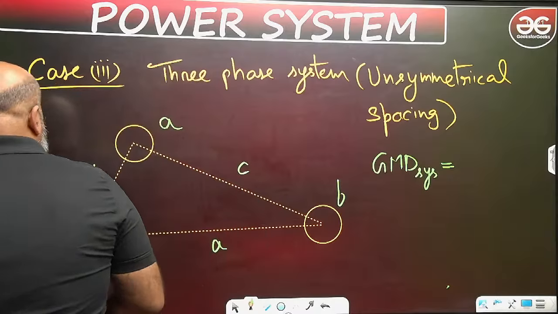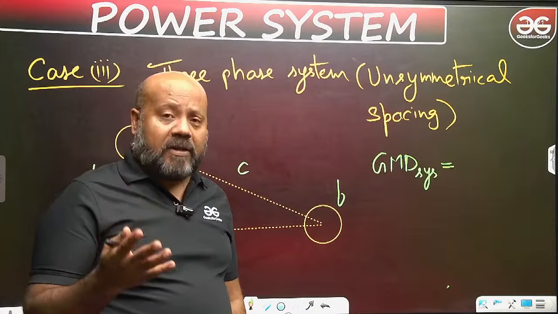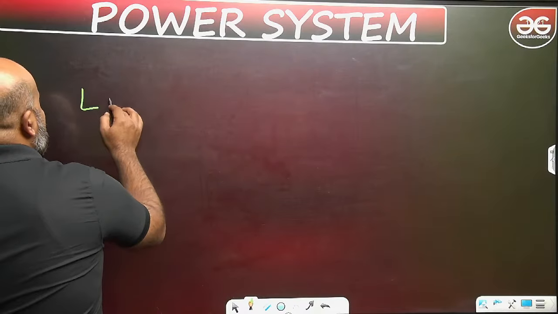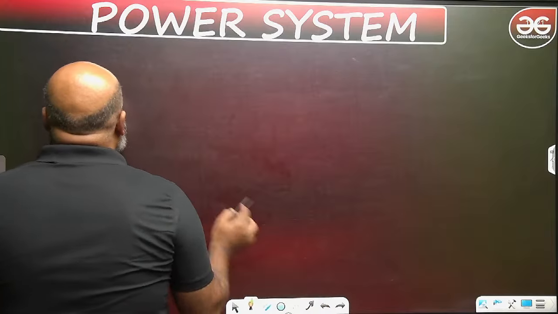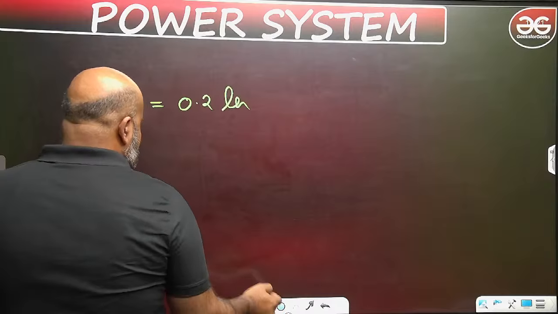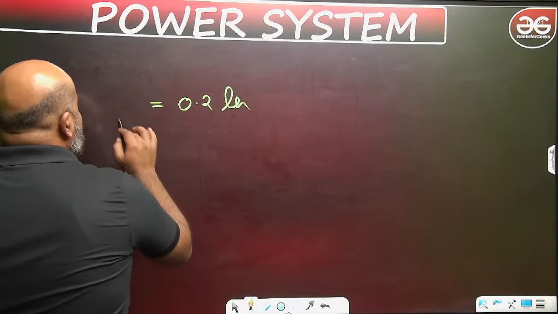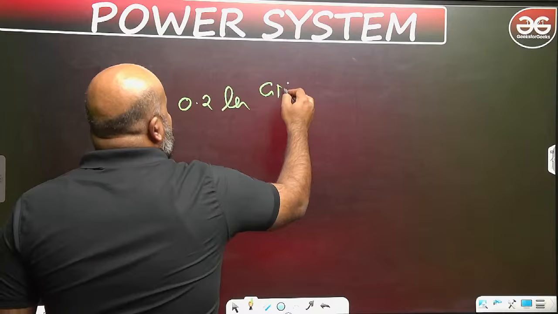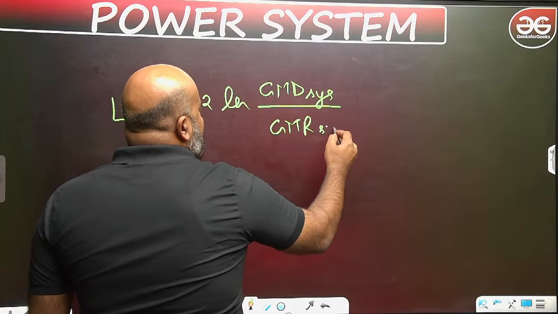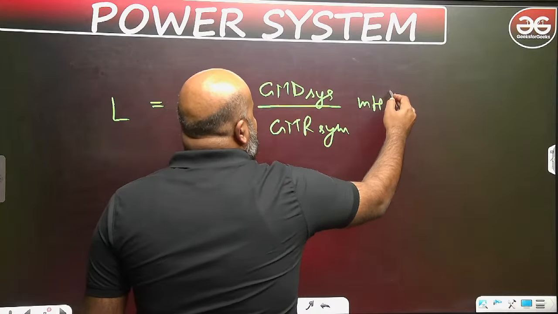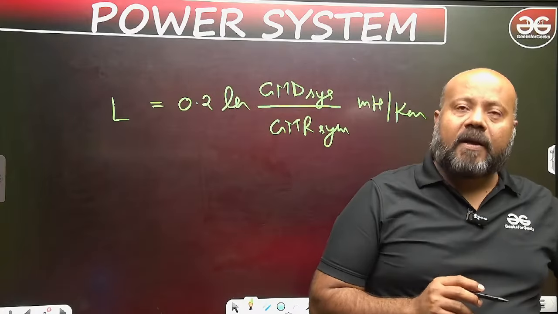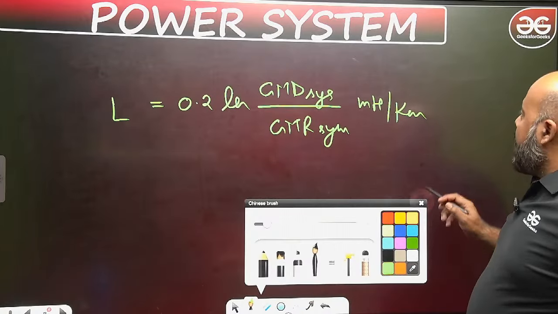When we talk about the line constant calculations, for three-phase systems, if you have the GMD system, then directly you can write the inductance as 0.2 ln of GMD system upon GMR system, in millihenry per kilometer. So that is the reason we are talking about GMD system.